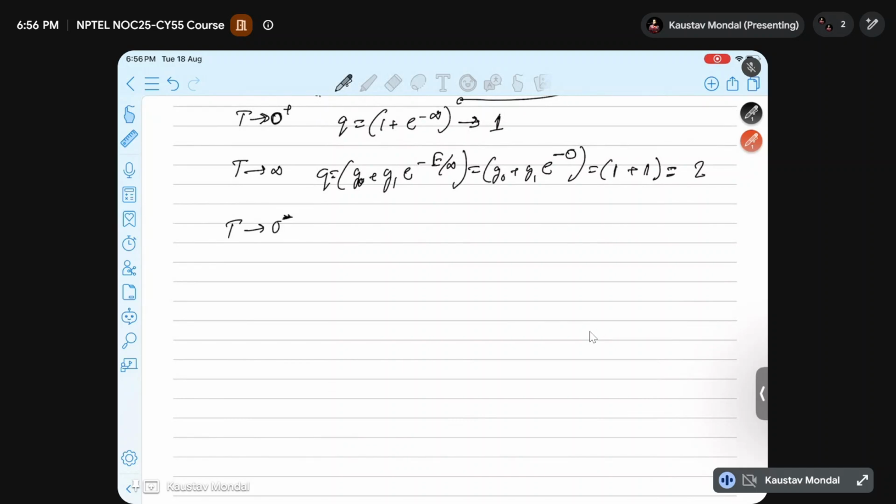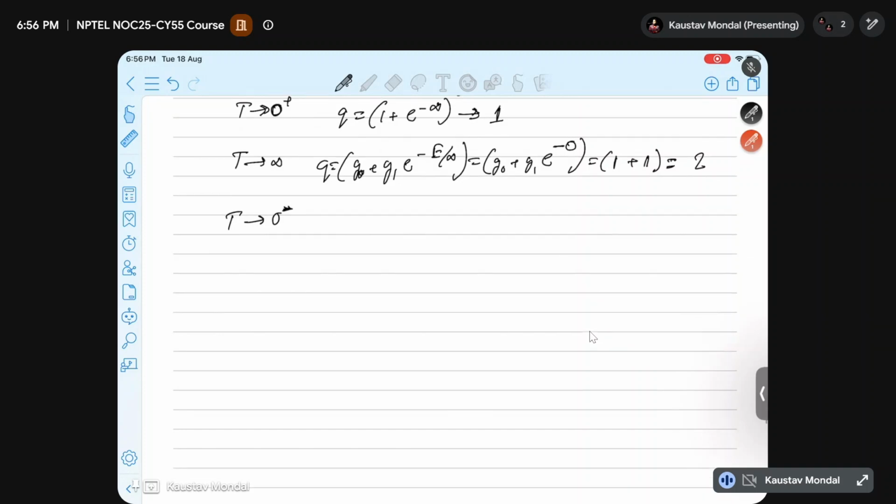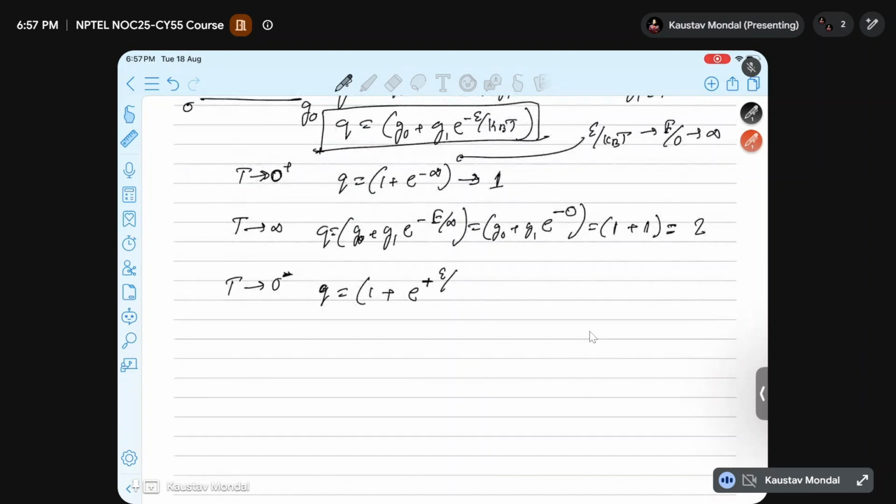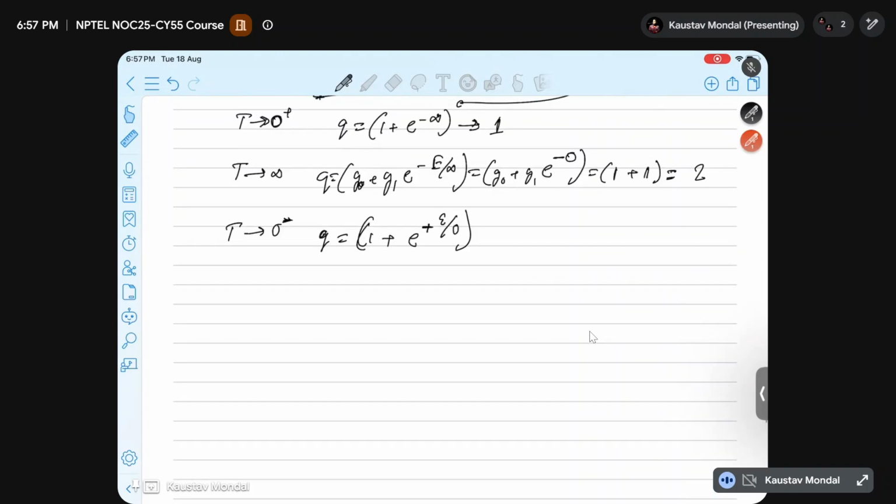In that case Q will become 1 plus e to the power plus epsilon by 0, since it's coming from the negative direction. The temperature is negative, so negative negative becomes positive, so epsilon by 0 will be some positive, very high number. 1 by 0 is like infinite, so it will become very high.